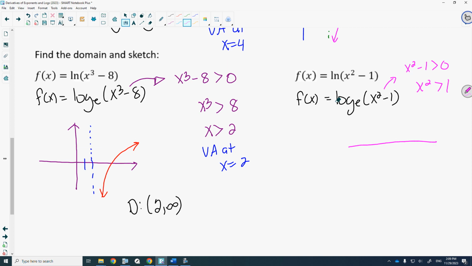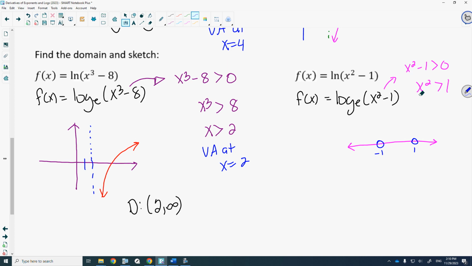So I want you to draw a number line, and we're going to get plus or minus 1. It can't be 1. We actually talked about this in pre-calc. We need to find out which regions, we're going to take test values and plug them in.